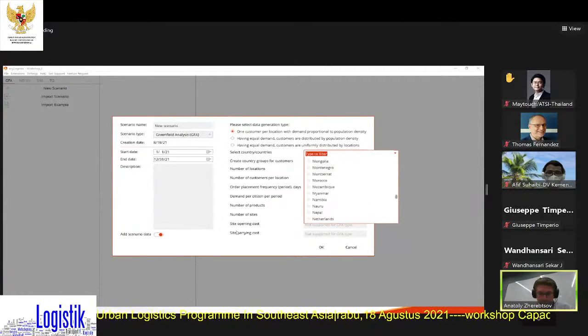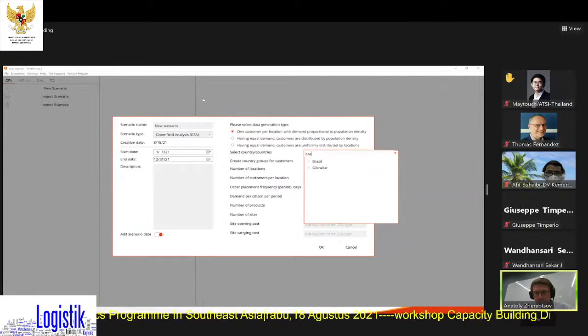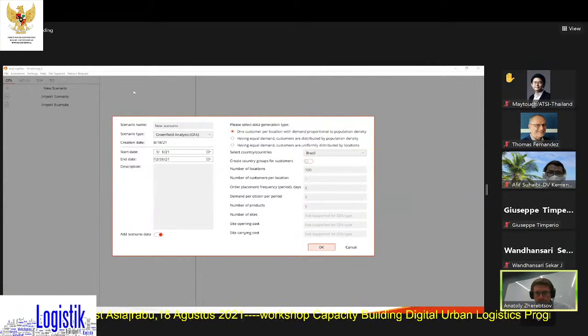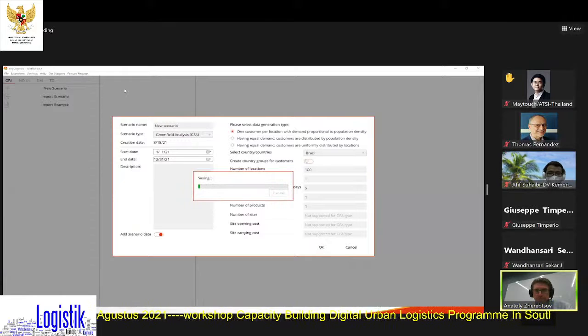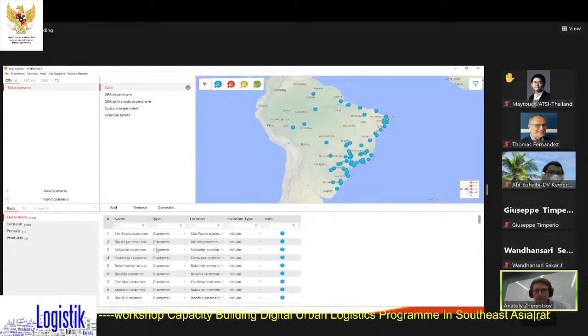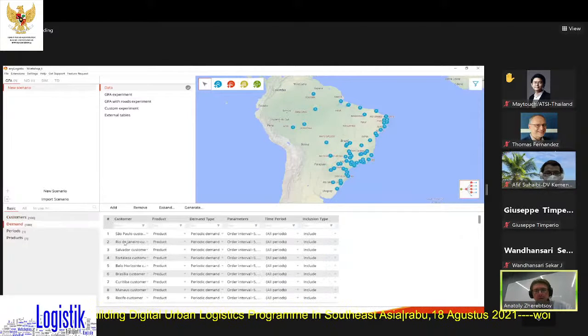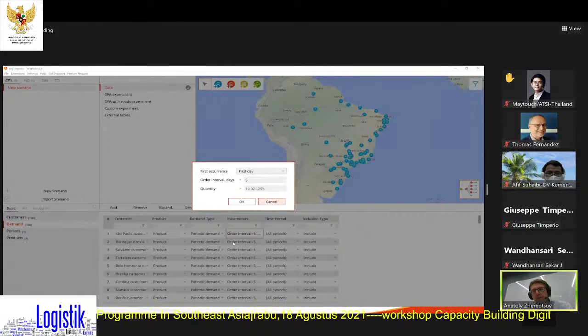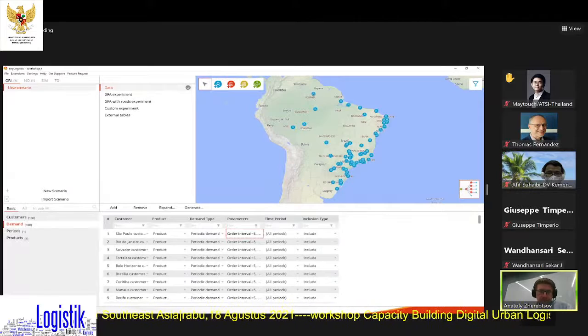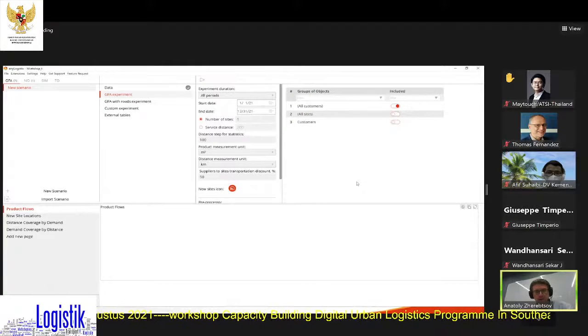So let me select Brazil. Okay, I will create a simple example. So here is Brazil with the demand corresponding to the population of cities. And this experiment allows you to find optimal locations for a desired number of sites or distribution centers.